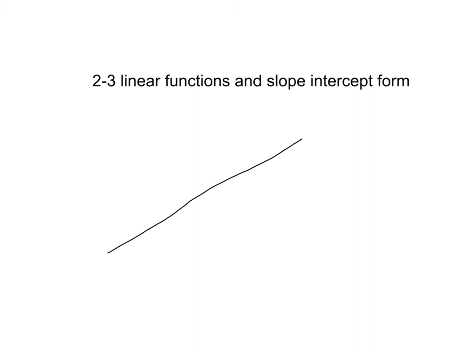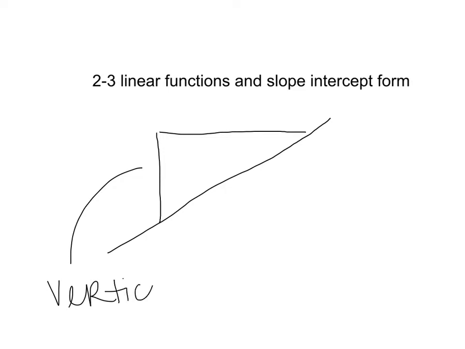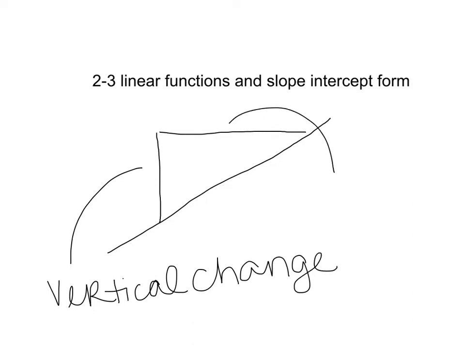In this section we're only talking about lines, and the slope is going to be the vertical change over the horizontal change.